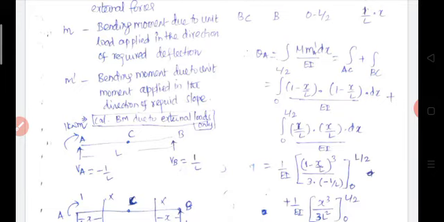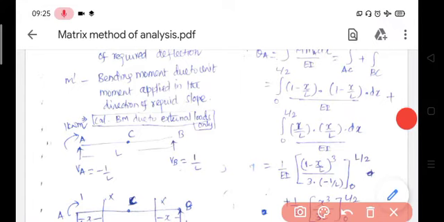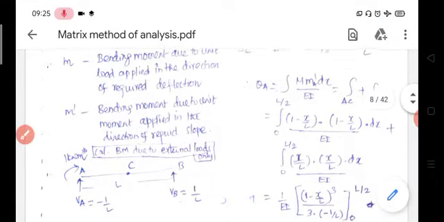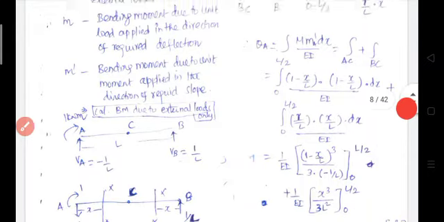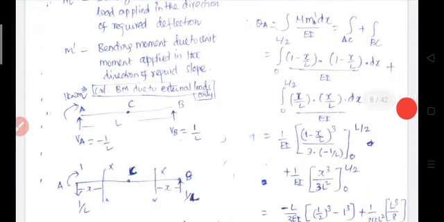For the AC portion, the limit will be 0 to L by 2, capital M is equal to 1 minus x by L, small m dash is equal to 1 minus x by L, into dx divided by EI. For the BC portion, again the limit is 0 to L by 2, capital M is x by L, small m dash is x by L, dx divided by EI.